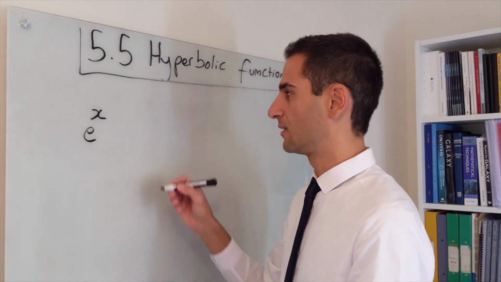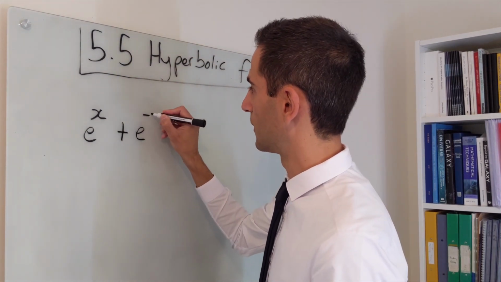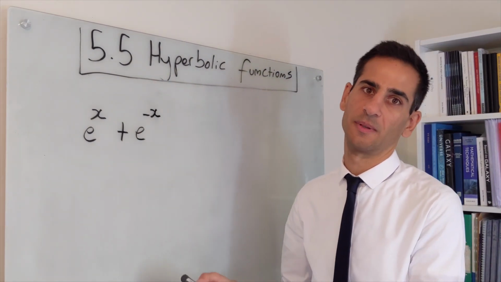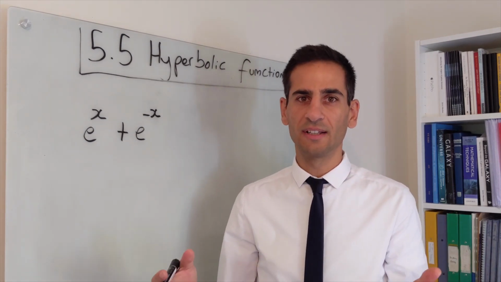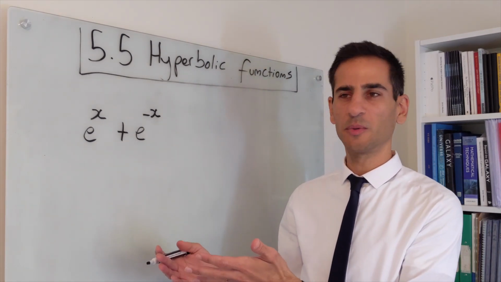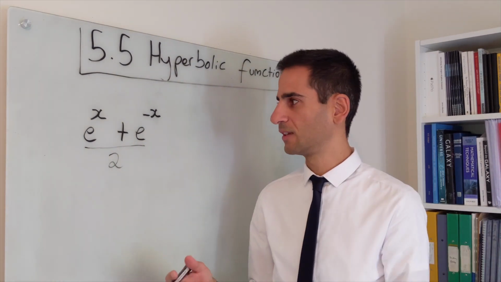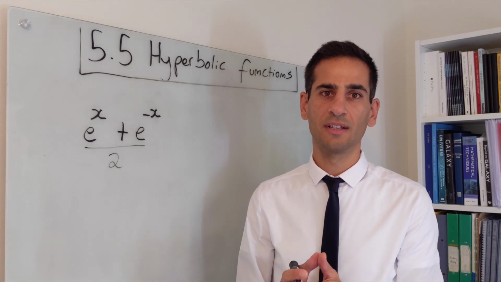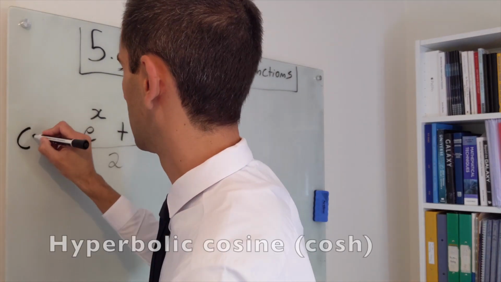What if you just add another exponential, e to the power of minus x, which is probably the closest, simplest exponential that you can write. You just flip the sign. And for some reason, let's say you want to get an average between both, and you divide by 2. It turns out that what we just wrote is the definition of the hyperbolic cosine.